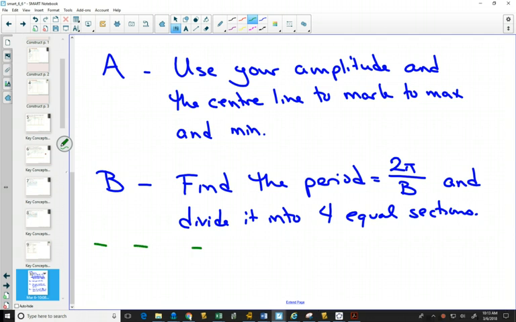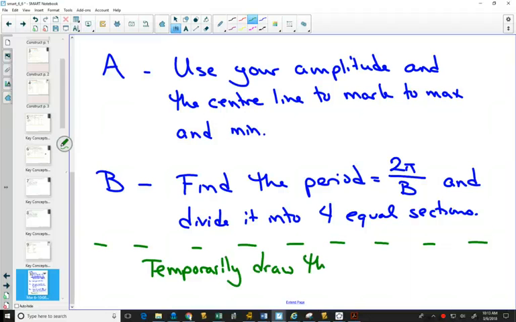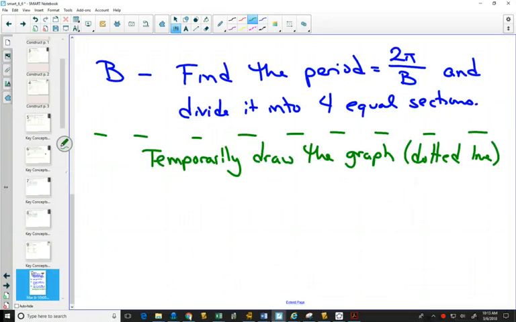Now at this point I'm going to draw a bunch of dotted lines because that's what the dash means in DAB-C. We are going to temporarily draw the graph without the horizontal translation.